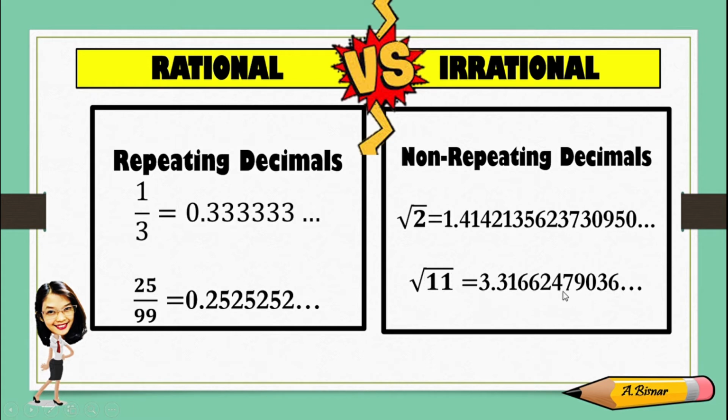The decimals do not repeat too, and therefore, these decimals cannot be expressed as fractions. And if these decimals cannot be expressed as fractions, then these are irrational.